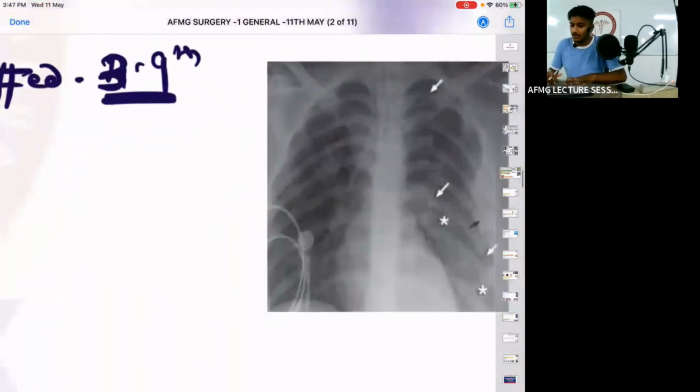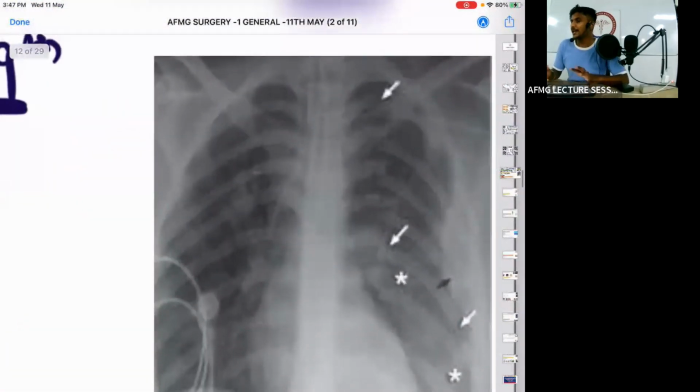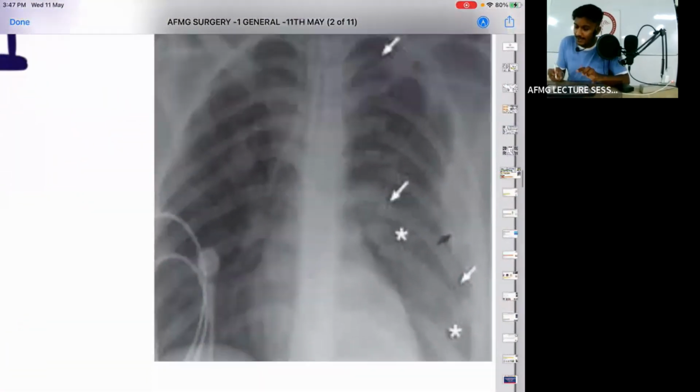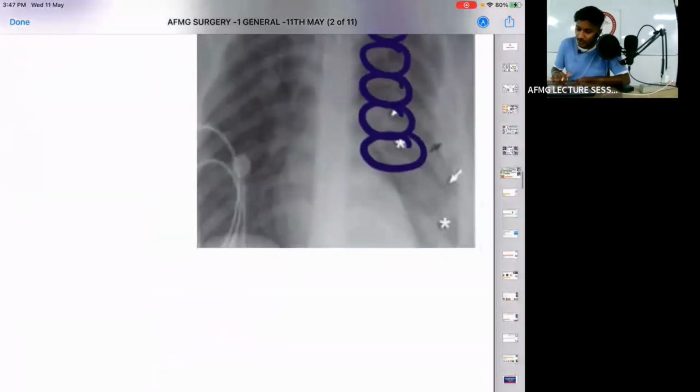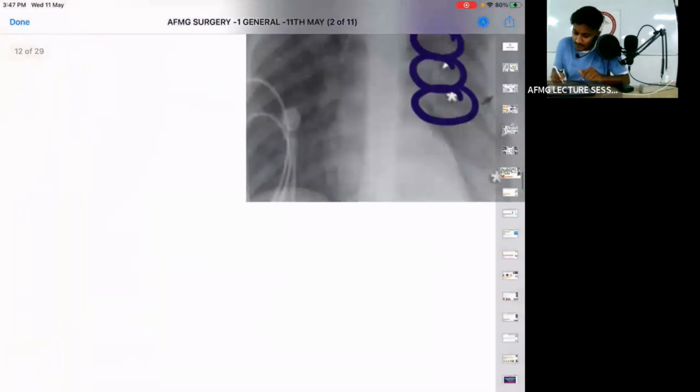Now, according to ATLS, a patient after RTA comes to me and there are multiple fractures, more than 2 fractures in more than 2 consecutive ribs. This is known as a flail chest. So what is a flail chest?